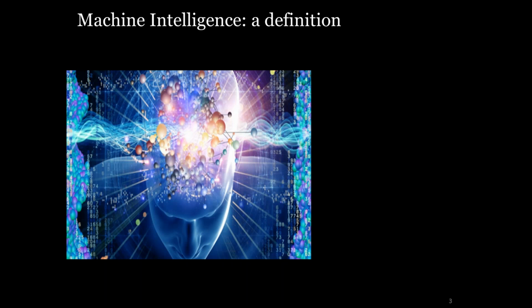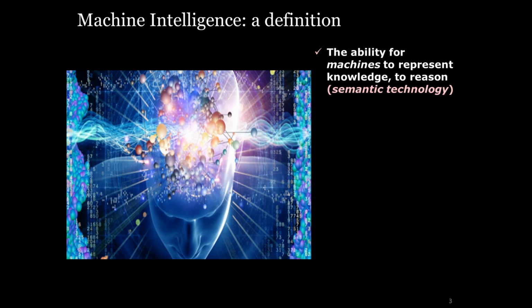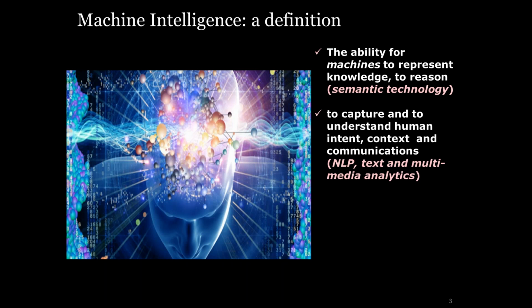So first of all, let's start with the definition of machine intelligence. What is it? It's first, I would say, the ability for machines to represent knowledge and to reason, and we can look to semantic technology for that particular aspect. And then the ability to capture and understand human intent, context, and communications is all around natural language processing, text, and multimedia analytics.